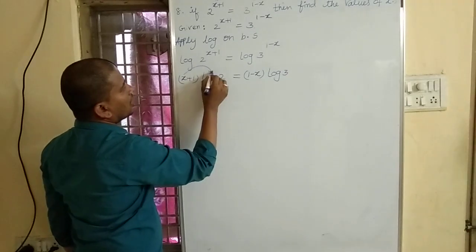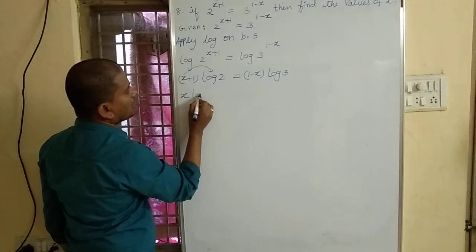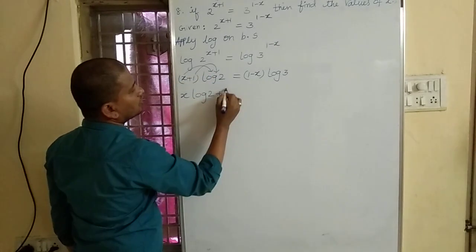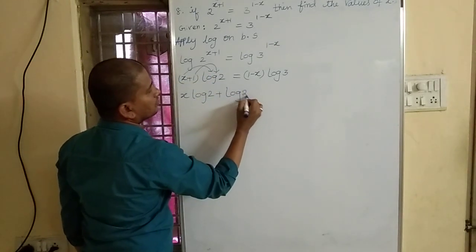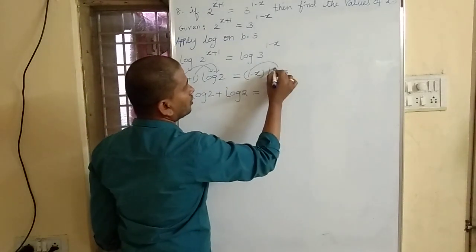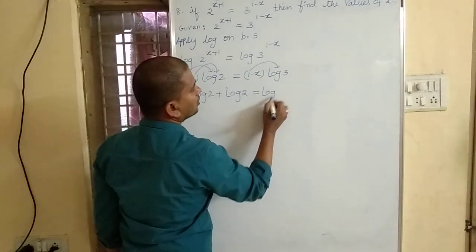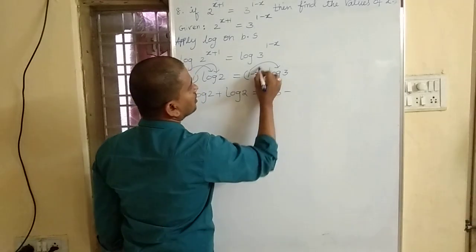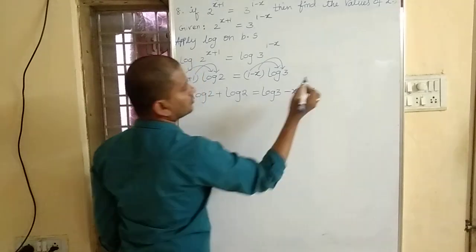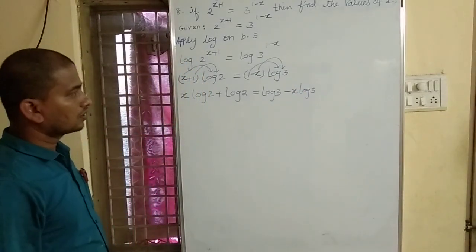So x into log 2, x log 2 plus 1 into log 2, 1 log 2, is equal to 1 into log 3, 1 log 3, minus x into log 3, x log 3. Right?